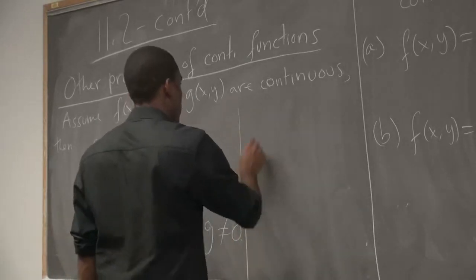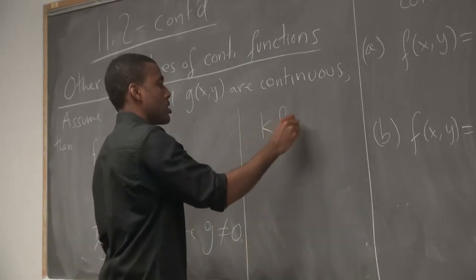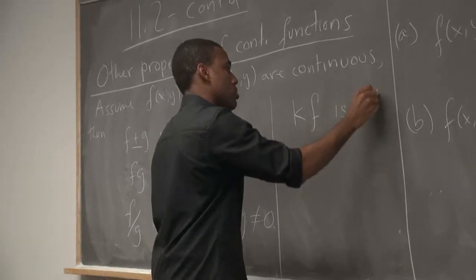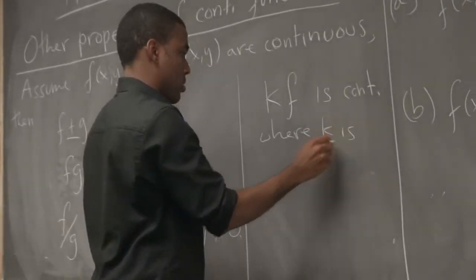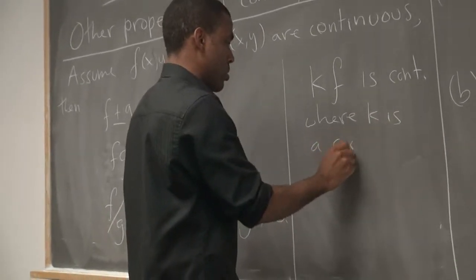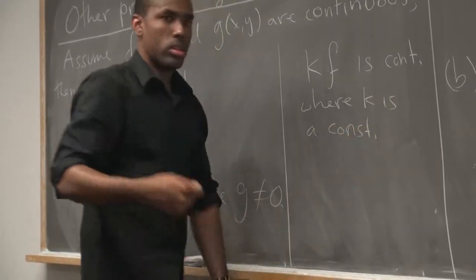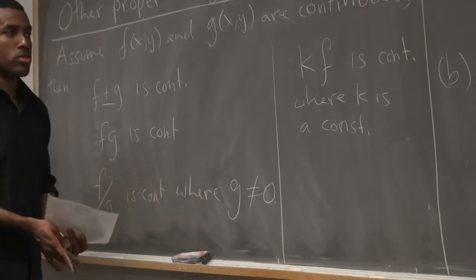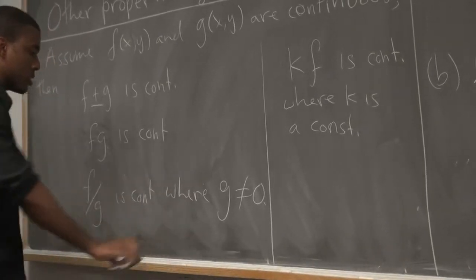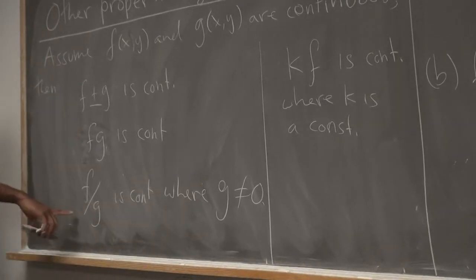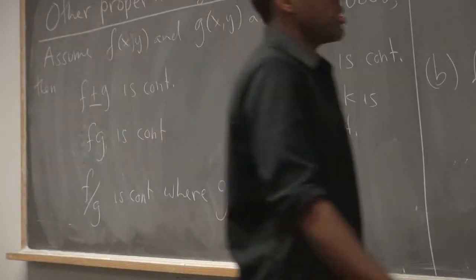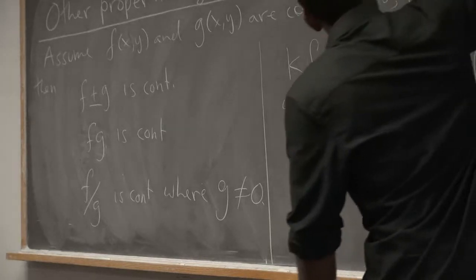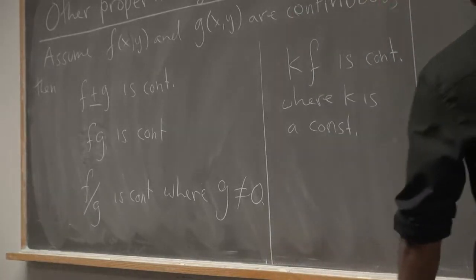And of course, if you take a constant times a continuous function, it's continuous. And so on and so forth, right? You can combine continuous functions and get other continuous functions unless you do something like division, where 0 becomes a problem. So continuous functions, they play well together. That's one thing you should know.